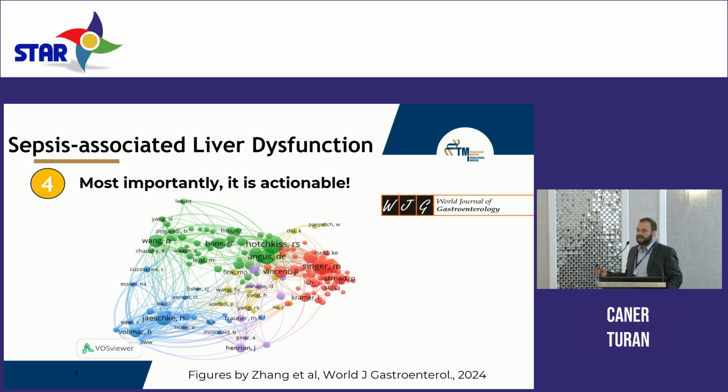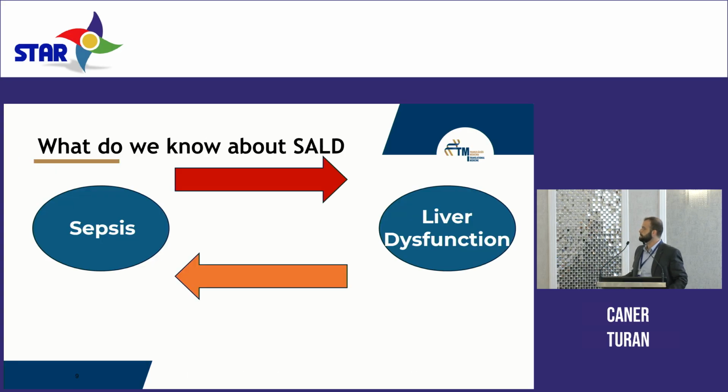What is really sad is that Eastern Europe is not part of this network, despite the fact that in Central Eastern Europe, sepsis-associated liver dysfunction is quite frequent. So we have a lot of work to do to catch up with our international colleagues.